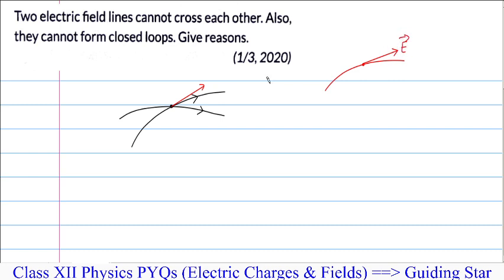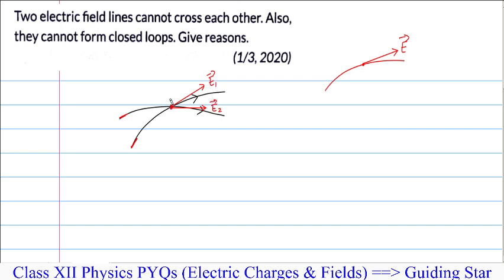So drawing a tangent at that point, similarly at the point of intersection over here, this field line will have its electric field in this particular direction, and similarly this field line at this point will have its electric field along this direction. So this is something like E1 and this is something like E2.